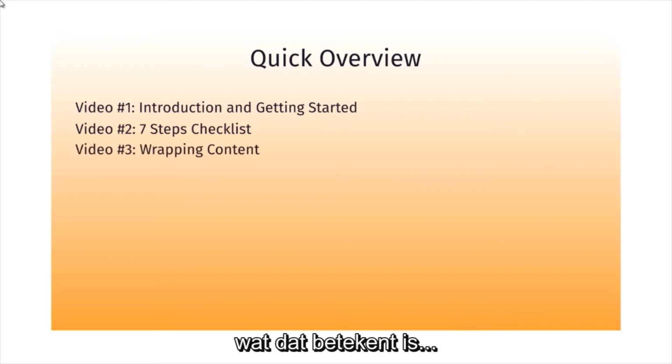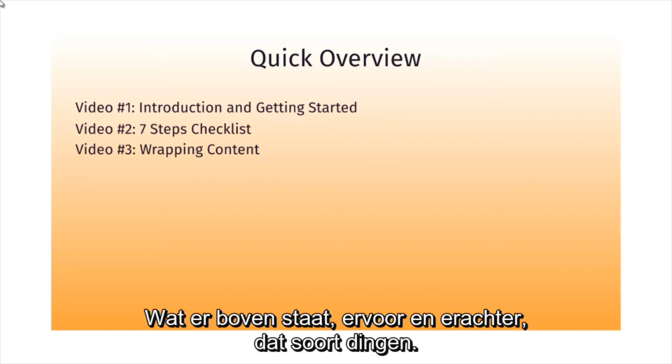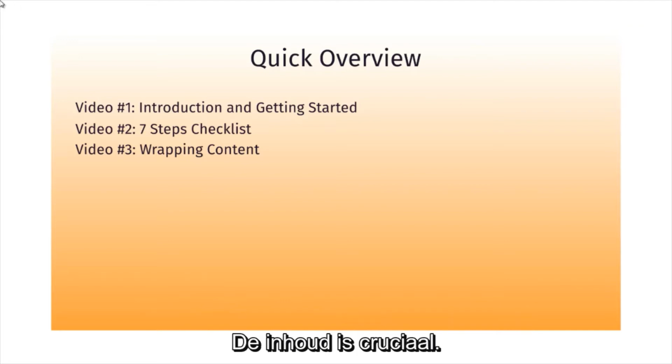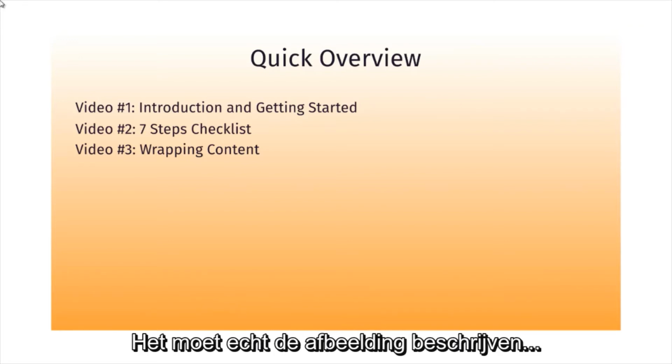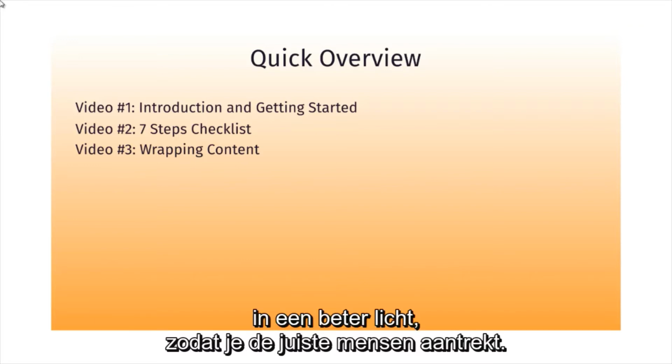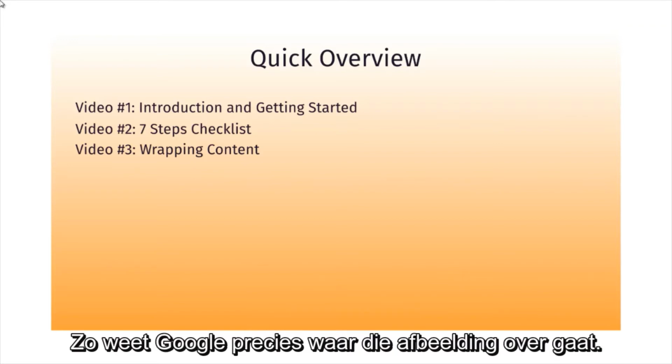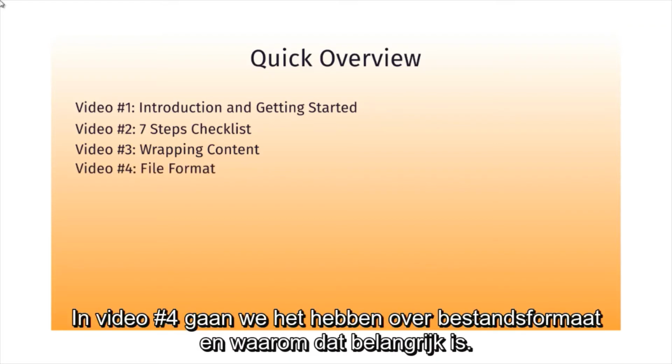Video number 3 is wrapping content. Essentially, that means the content that surrounds the image, before and after it. The content there is crucial, and it really needs to describe the image in a better light so that you attract the right person, and so that Google knows exactly what that image is about. Video number 4, we're going to talk about file format and why that is important.